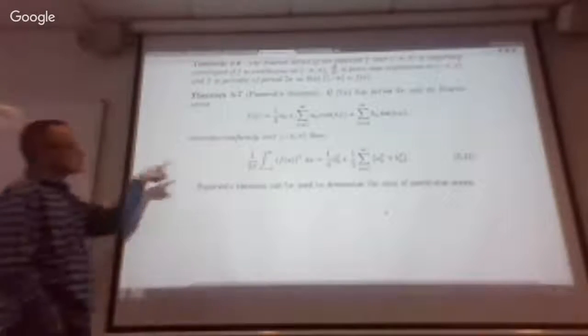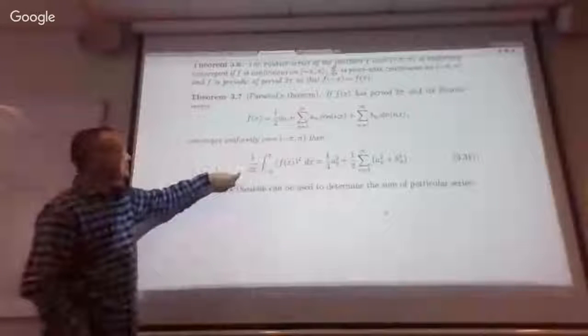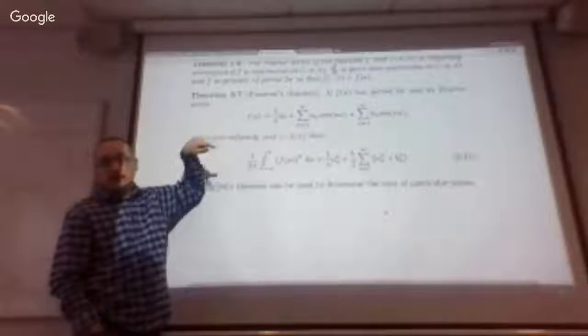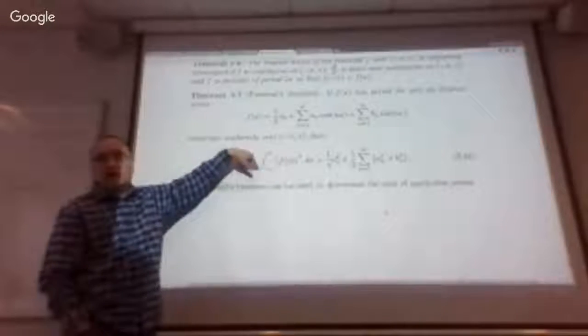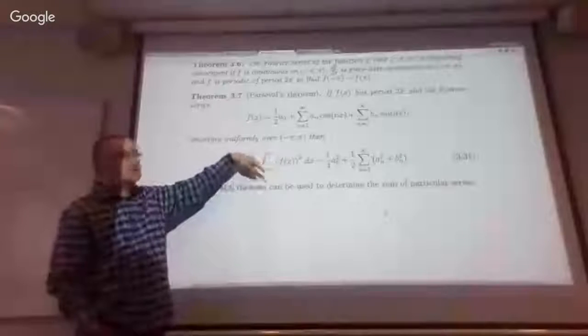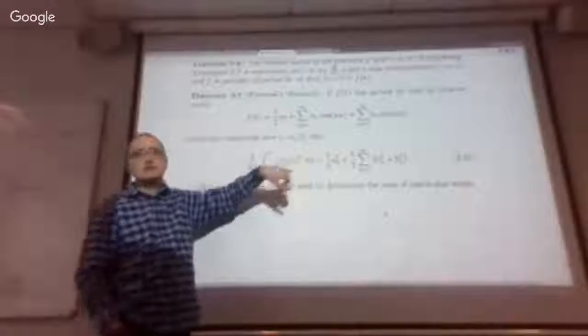then this integral here is more or less the equivalent thing to the dot product of x with x. Because this is the inner product of the function with itself. So it's the integral over the interval of the square of the function, f of x times f of x.